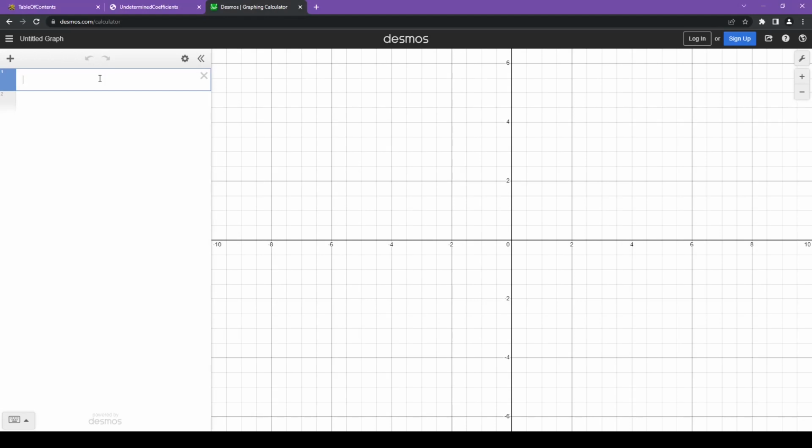Okay, so we'll use Desmos to double check ourselves here. First thing that we do is we're going to create a tangent line. Our derivative is 2. We pass through our point 0, and our function was equal to 1, right?